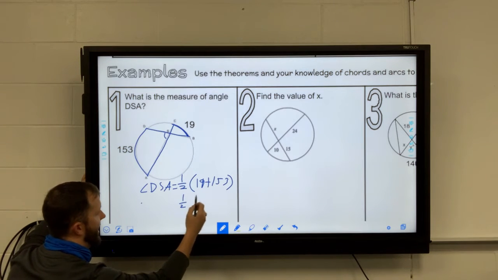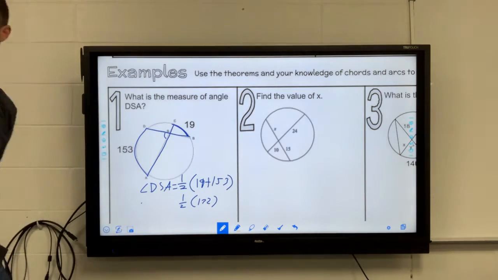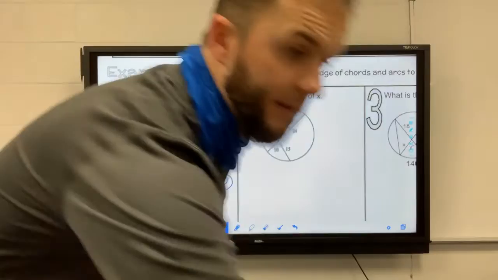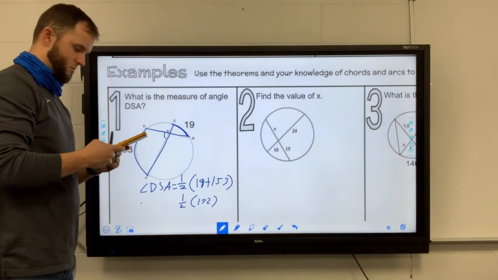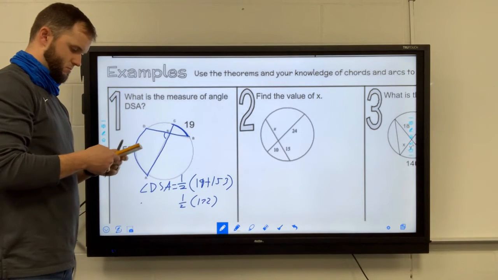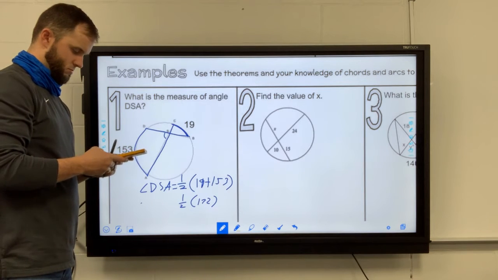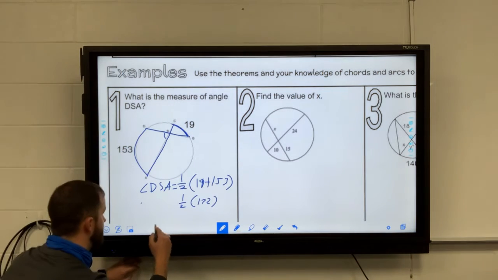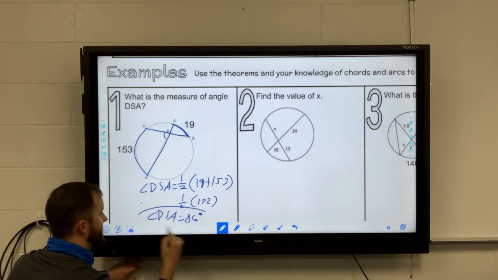I'm going to take 1/2 of 172, and if I actually divide that, it is going to be 86. So angle DSA is going to equal 86 degrees.